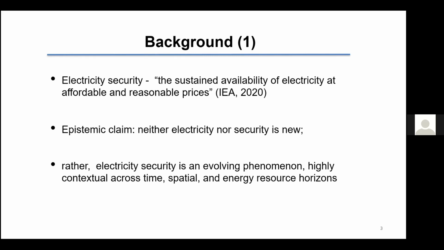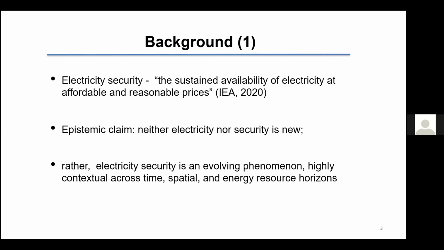Spatial differences, or regional differences here, I'm talking about, for instance, comparing Uganda and Japan in two different localities. What constitutes electricity security in Japan, though comparable, may not exactly be transferable to the circumstances here in Uganda.